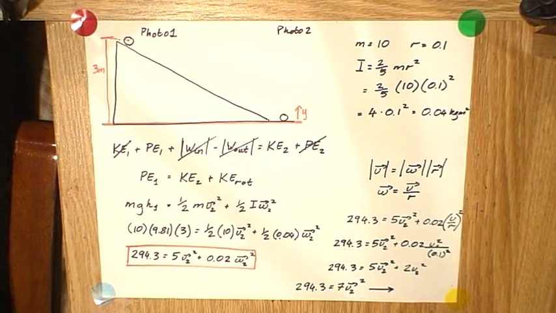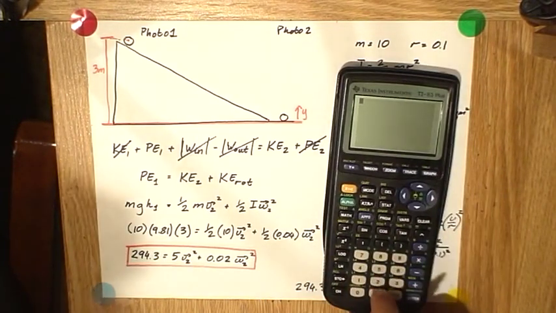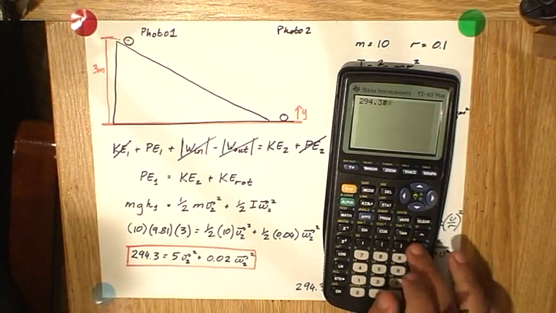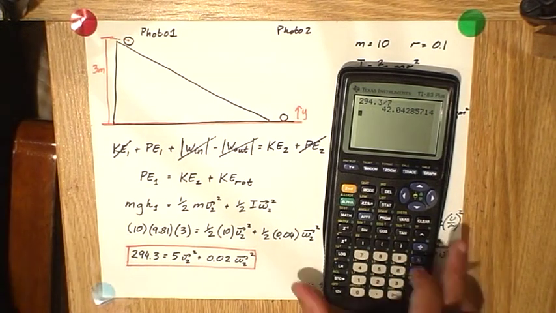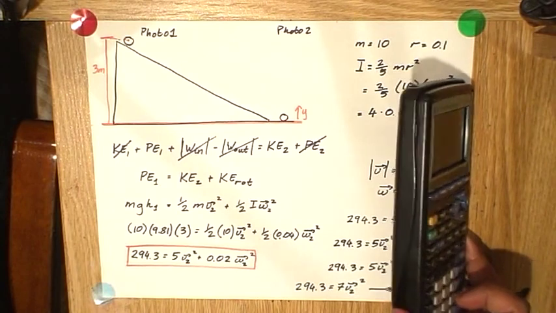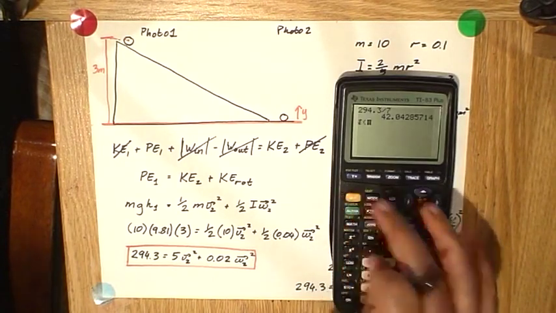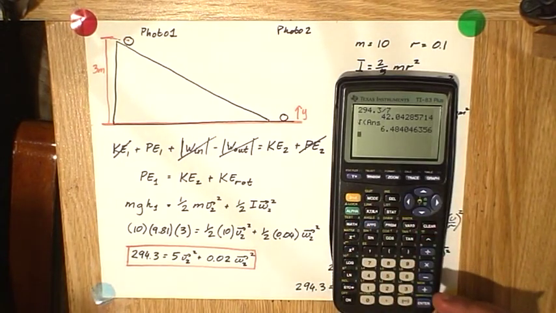So if I divide both sides by 7, 294.3 divided by 7 gives us 42.04, and then take the square root because that was v squared. That's 6.48.